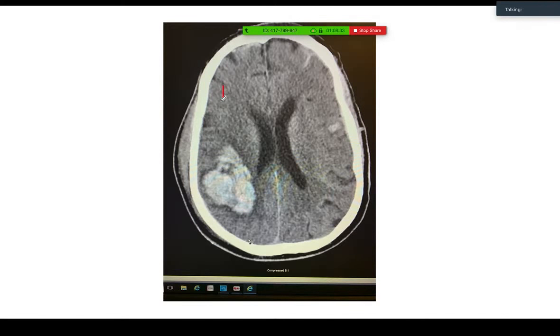This is the right side, excellent. And the area that you're talking about is here, correct? Okay, good. Now, what do you think of this here? You can see that there's something there that is not present on the other side. So what do you think happened here? It looks like bleeding. Bleeding, right?